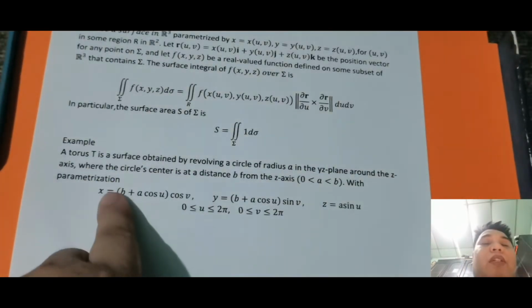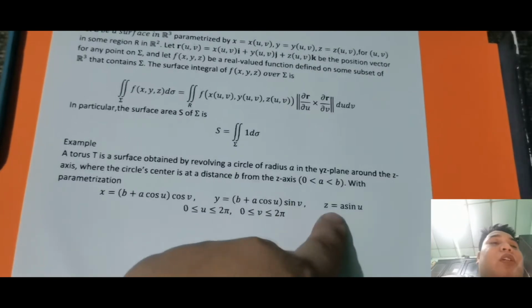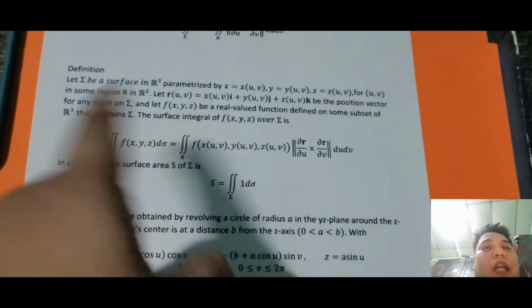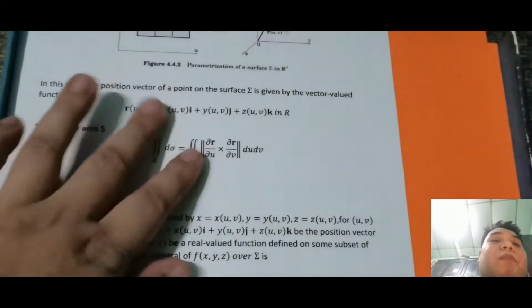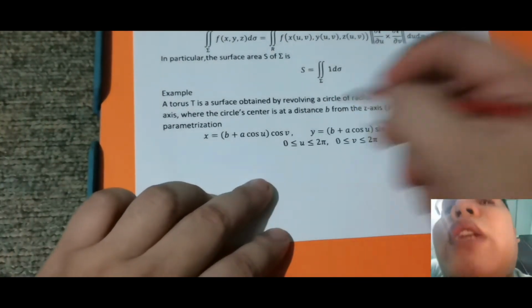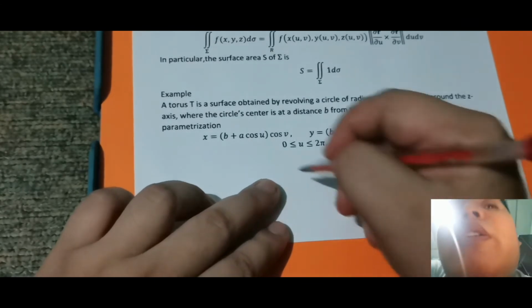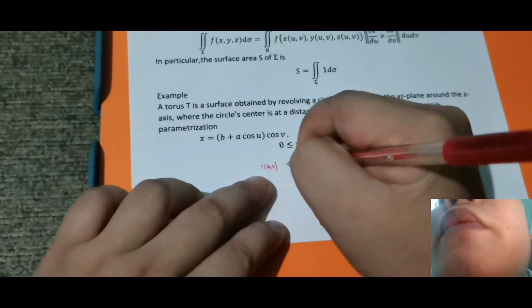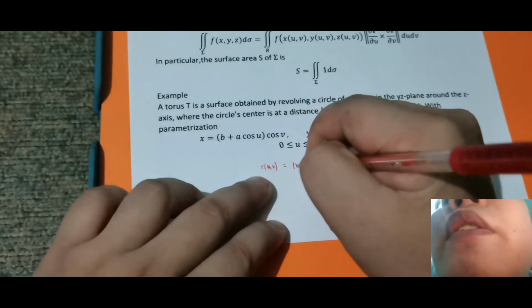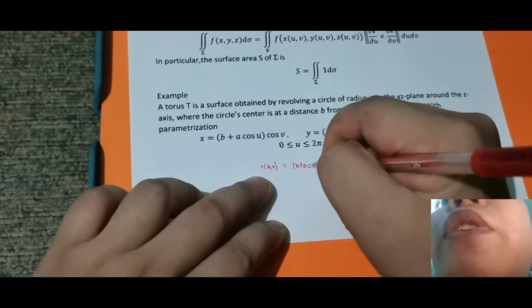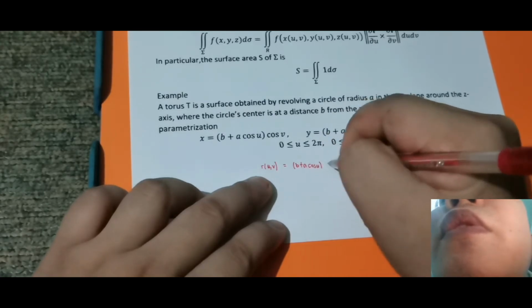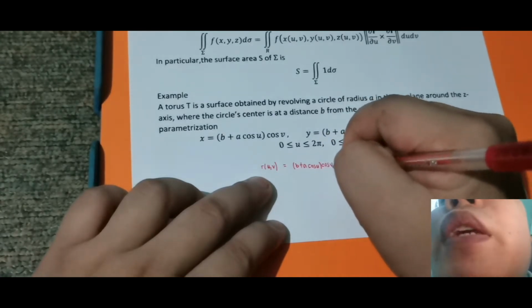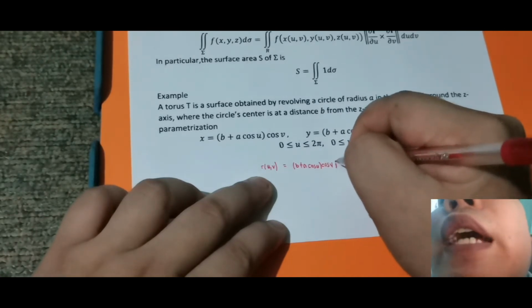Since given na yung x of u, b, y of u, b, and z of u, b, una natin hanapin, since walang f of x, y, z, yung position vector. For the position vector, ganito lang siya kasimple: r of u, b is just equal sa b plus a cosine u tapos cosine b, multiplied by i.